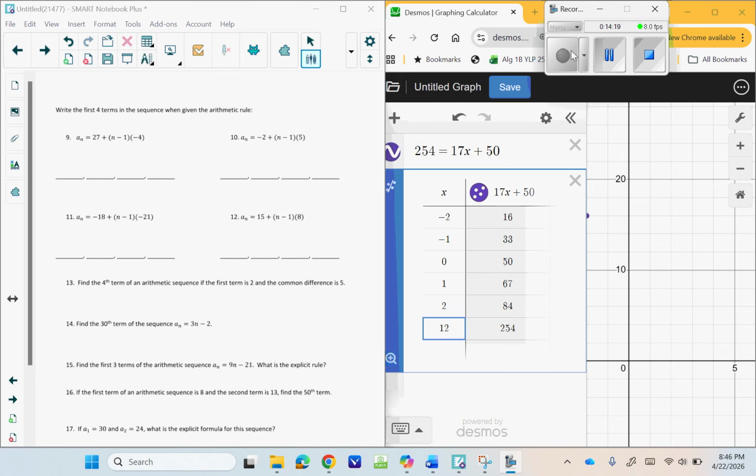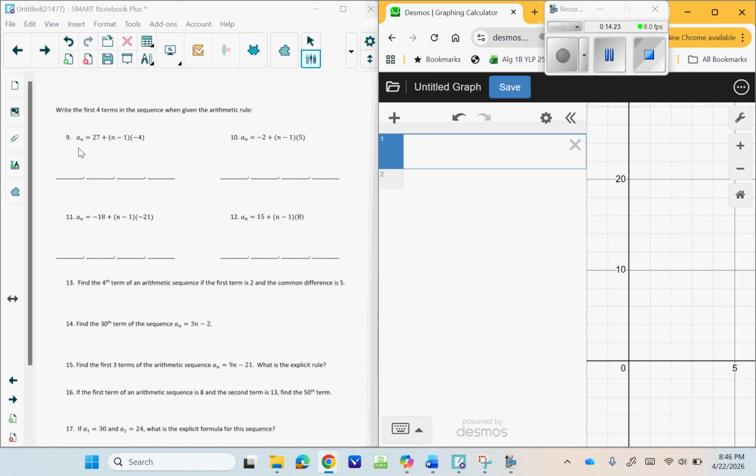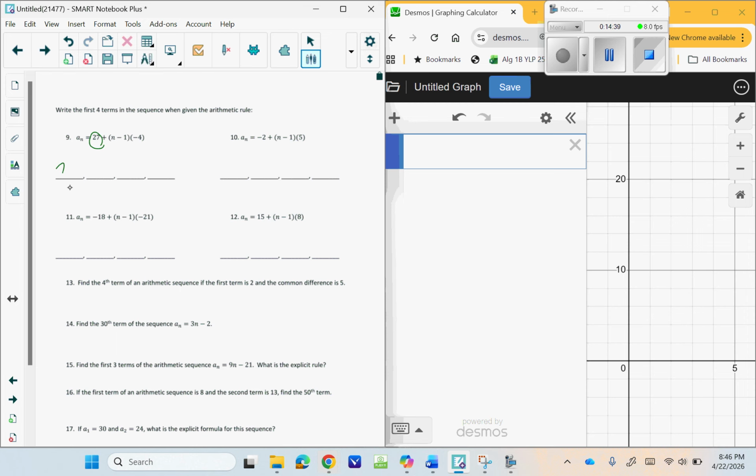Let's go to the last page. I'm going to keep up Desmos because I'm going to show you something that's kind of nice on Desmos. And you can use it, you don't have to use it. So it says to find the first 4 terms in the sequence. So I know that that's going to be my first term.